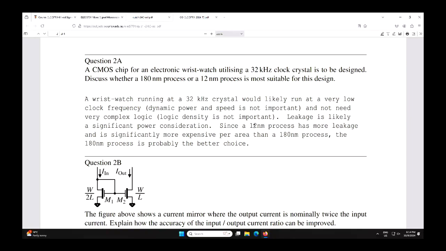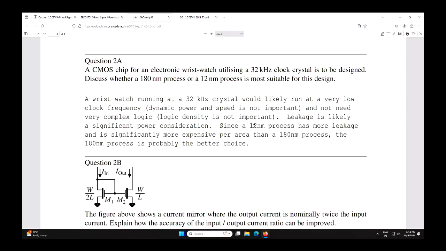Even if we use the subthreshold region, we have a very low VDD. If you lower the VDD, that would reduce power consumption, absolutely. But in a 12 nanometer process, even at low VDD, you still have more leakage current, even in subthreshold.